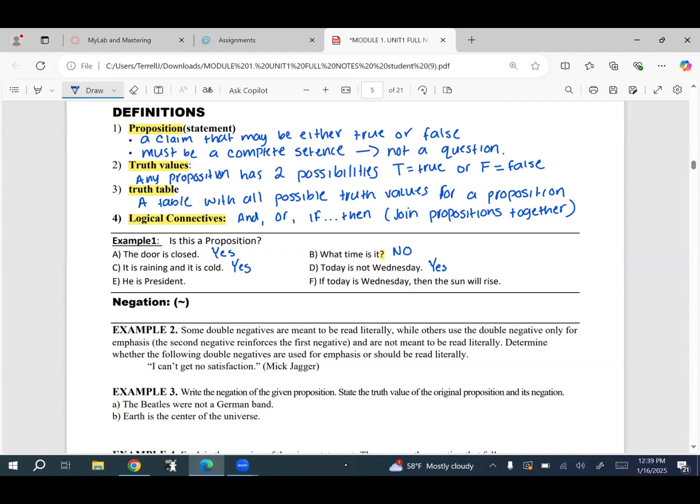It's not very specific, but he is president is a complete sentence. And then the last one, if today is Wednesday, then the sun will rise. This is actually that if then statement that we talked about. It's connecting two propositions. The first one is today is Wednesday, and then the other one is the sun will rise. It's being connected by an if then. So this is a yes.